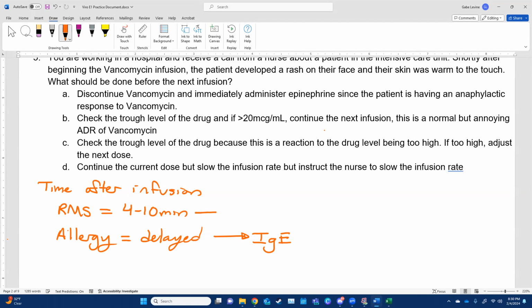With red man syndrome, there's no immune involvement. It's purely just the mast cells release all of their histamine at one time, and that's how you end up getting what looks like a rash presenting all over the body.